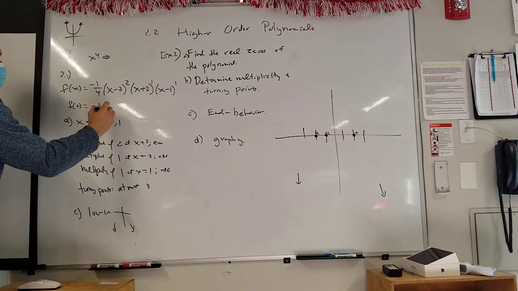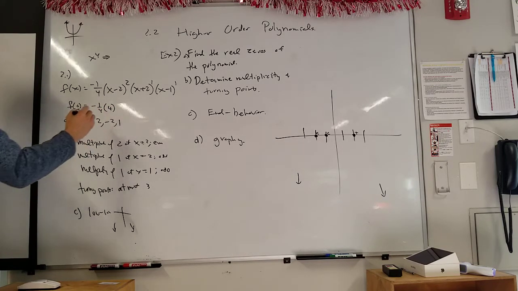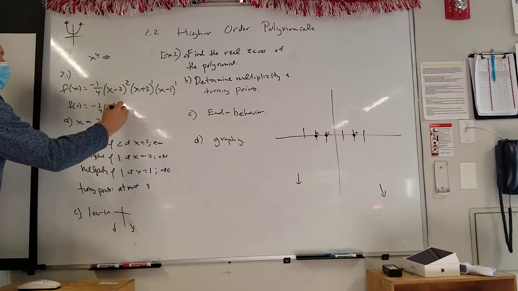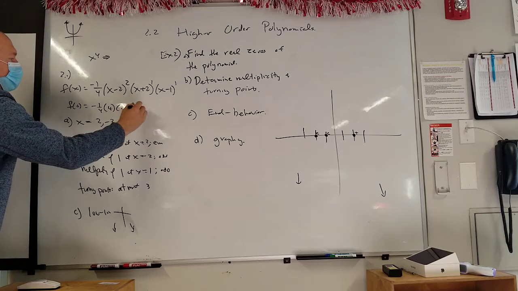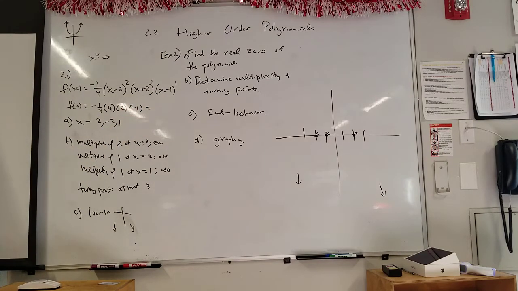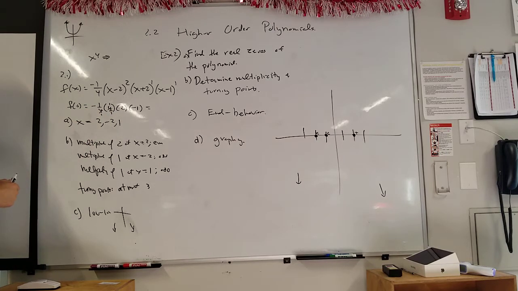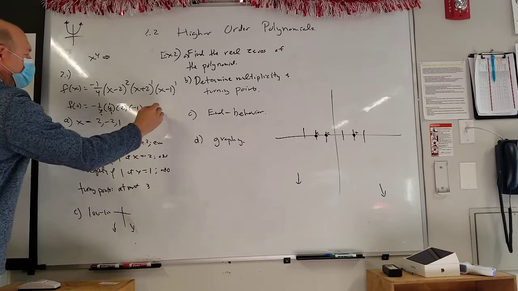Squared would be 4. Are we good there? 0 plugged in here is 0. That's going to be a 2. And 0 plugged in here would be, multiplication all the way across. Negative 2 times 4 times 2 is 2? Just 2, okay. Now let's see if it makes sense.